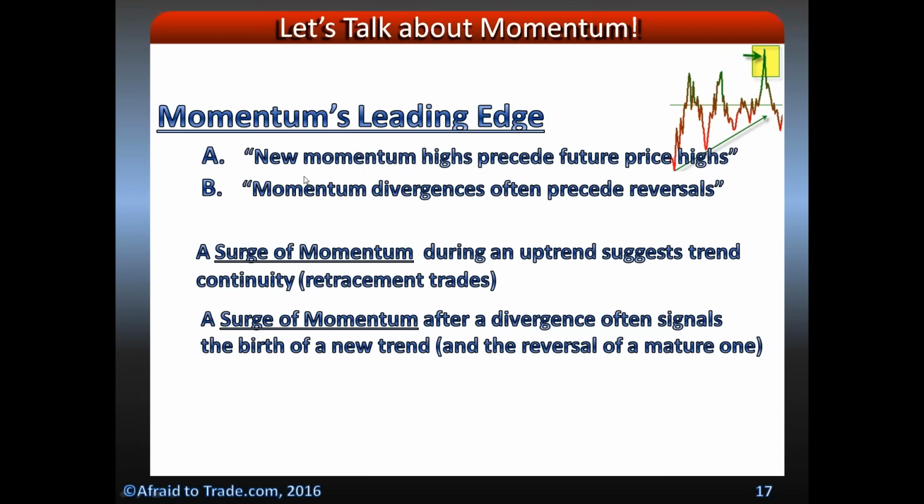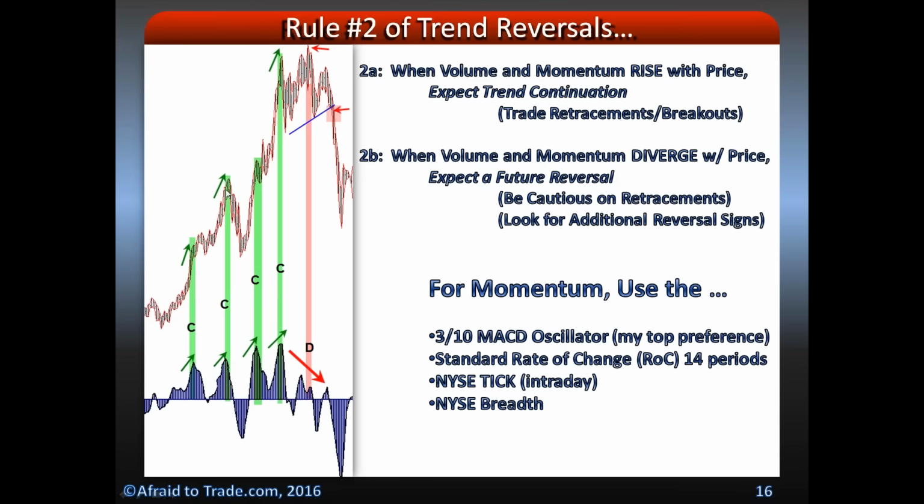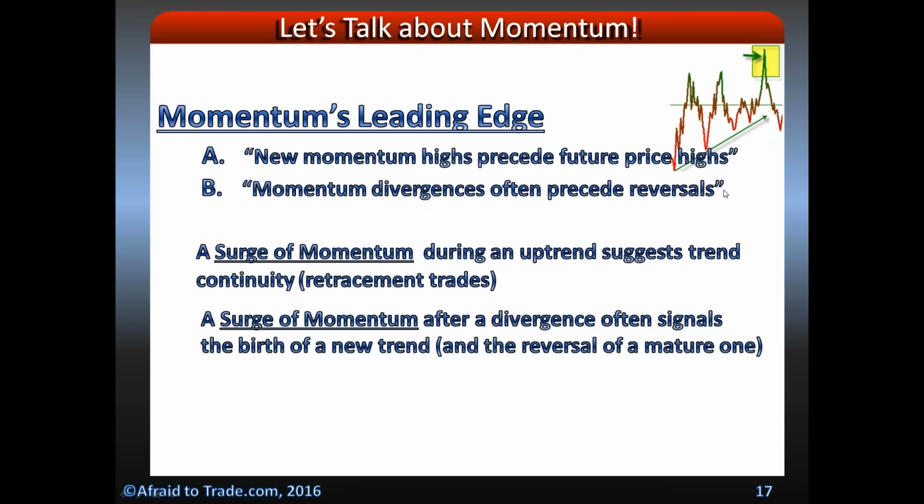So jump in this one real quick. Momentum has a leading edge on price, such that when momentum itself, or volume, or internals, jump up to a noticeable new high, that is a forecasting variable. We've already talked about it. New momentum highs forecast new price highs. And that's just not too difficult. But also the B aspect, momentum divergences precede reversals.